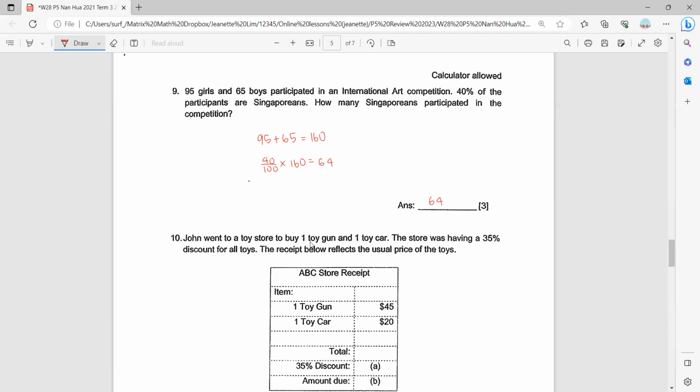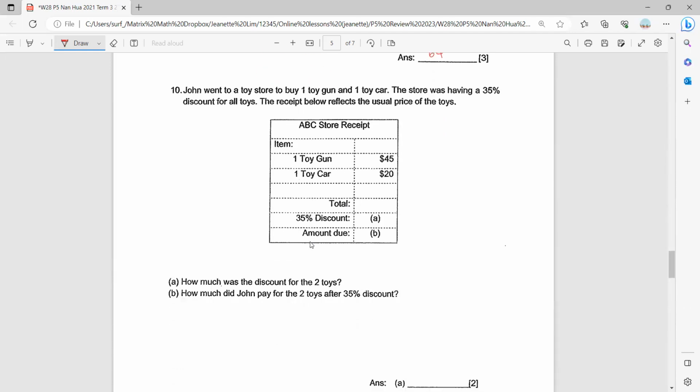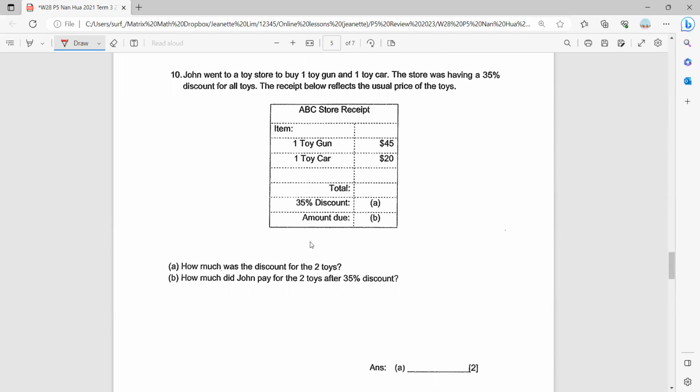Okay, now question 10. John went to a toy store to buy one toy gun and one toy car. So one toy gun here, one toy car here. Store was having a 35% discount for all toys. Receipt below reflects the usual price. So these are the usual price. We are supposed to calculate A, how much was the discount for the two toys.